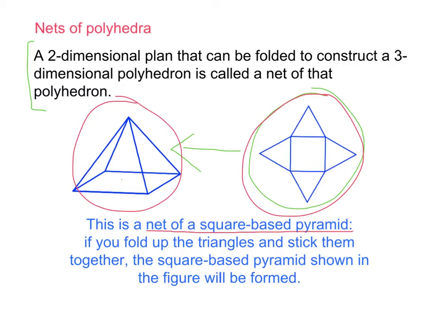If you fold the triangles up, so imagine we're folding this triangle up, this triangle up, this triangle up, and this triangle up, and stick them together, it'll form this object over here, which is our square-based pyramid. So what we're doing when we're doing nets is essentially folding out a three-dimensional object to be 2D. This is an example of what the 3D object of a square pyramid would look like in a two-dimensional plan.